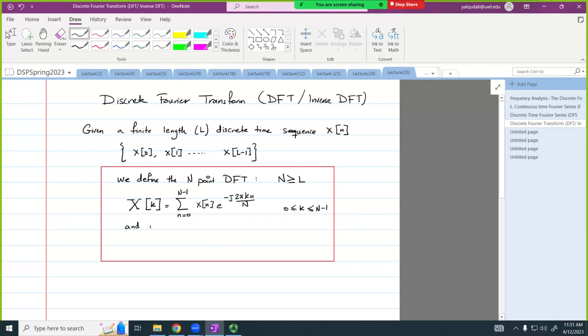And we have the N-point inverse DFT, and that is going to be x of n equal to 1 over N, the summation from k equals 0 to N minus 1, capital X of k e to j 2 pi k n divided by N, and this is for n between 0 and N minus 1.